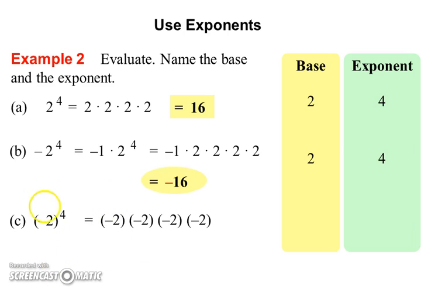What we get is -2 multiplied together 4 times. And remembering our rules with signs, when we multiply a negative number with another negative number, or if we multiply an even number of negatives together, we always get a positive. So our answer for this would be positive 16.